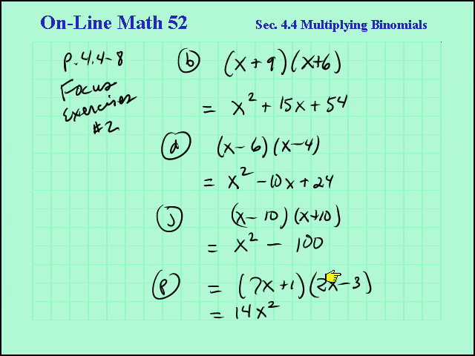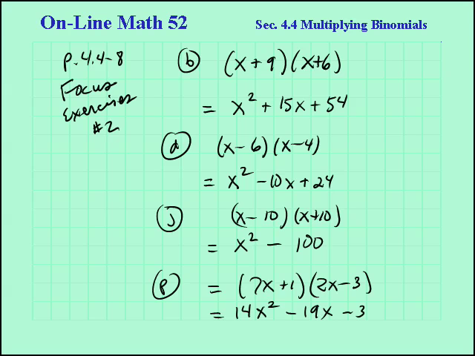Let's fish it out now. Negative 21x, positive 2x. It's going to be something x. Negative 21, positive 2. Negative 19x. Good. Got to complete this. The last term, 1 times negative 3 is negative 3.